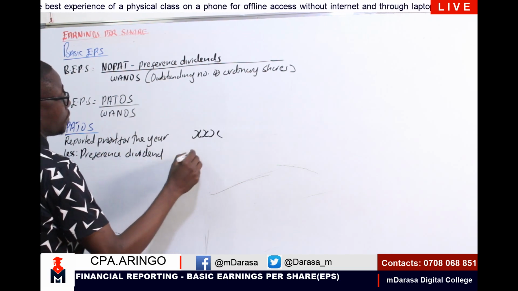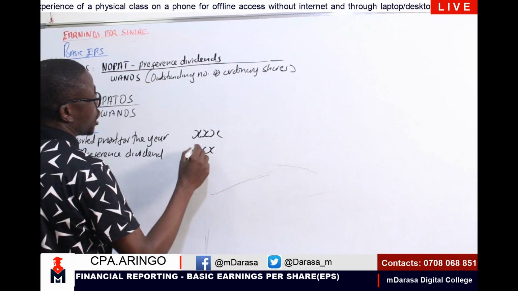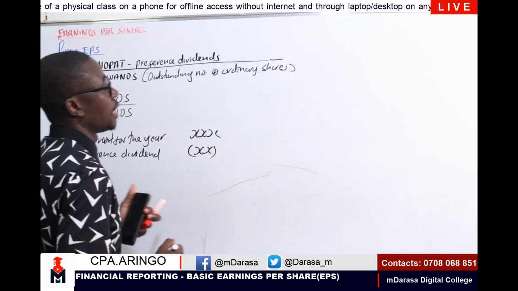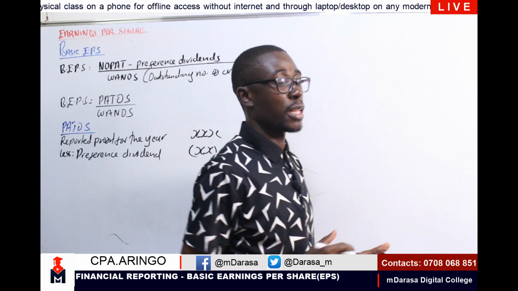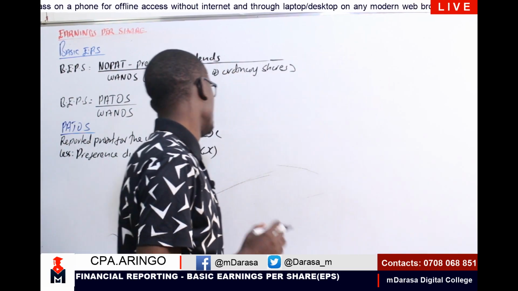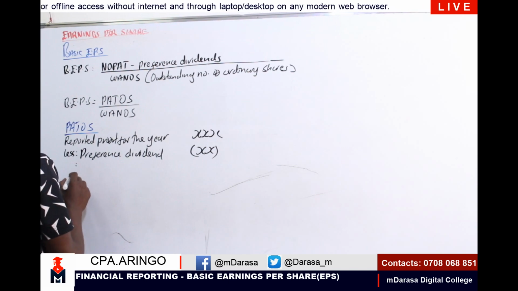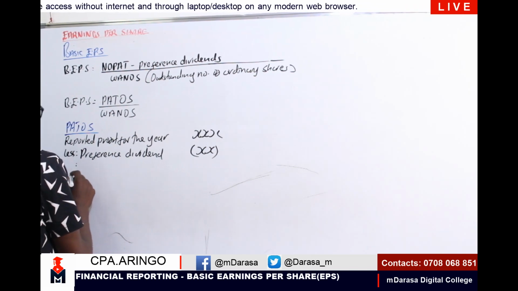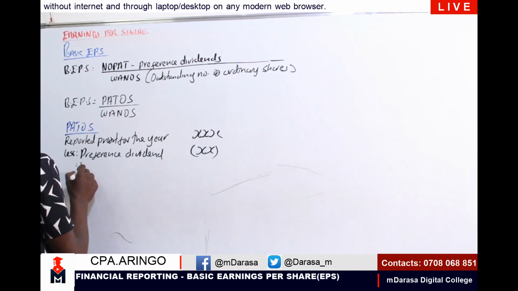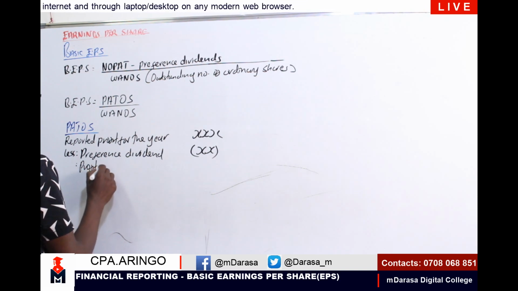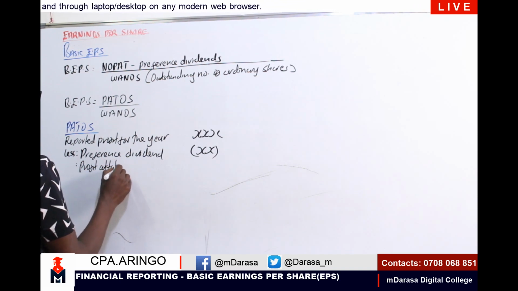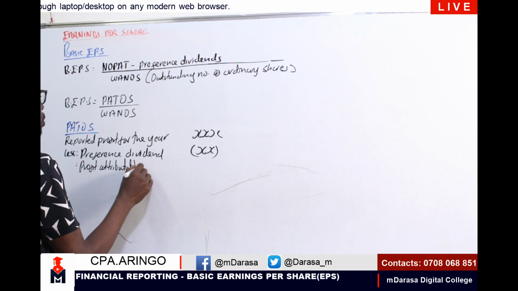Because remember, preference shareholders are always taken as a lender to the firm, so they must always be considered first. Then if I'm dealing with a group, we less profit attributable to NCI.